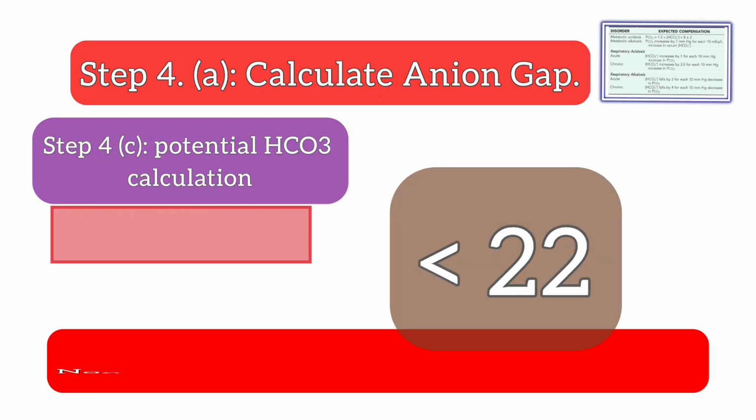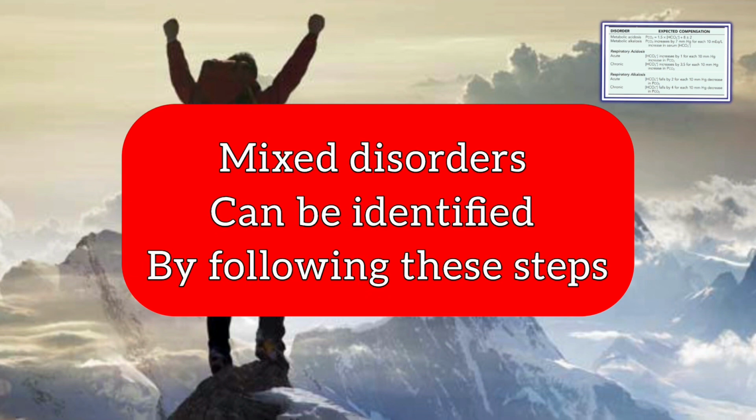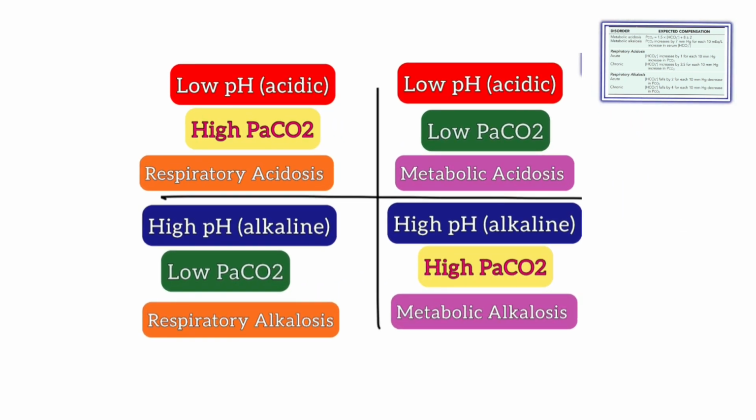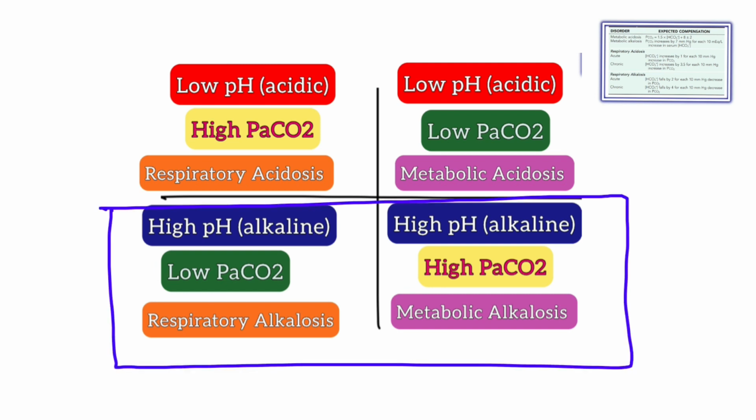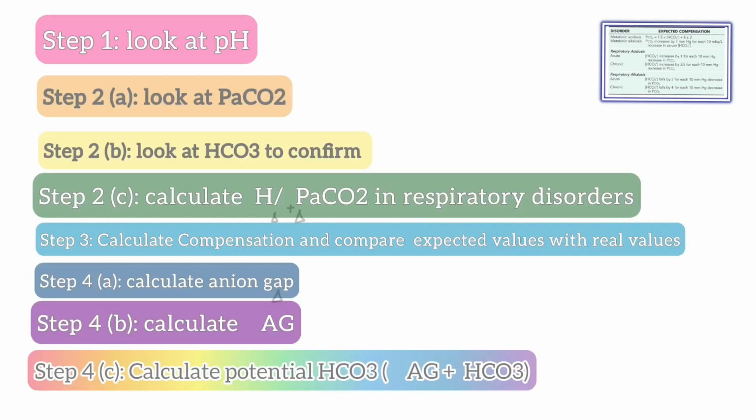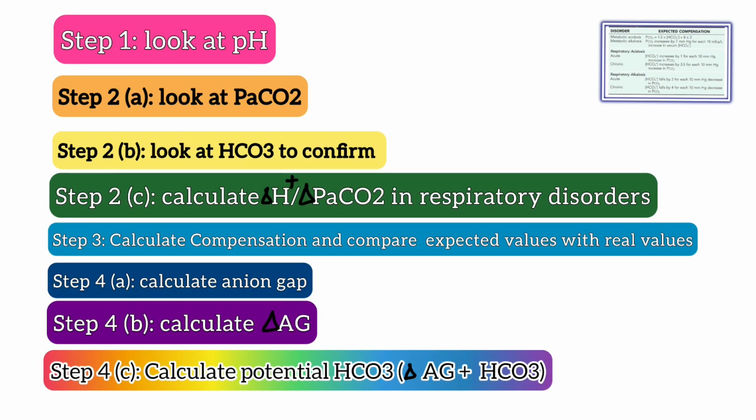So as you can see, the basic calculations can help you identify mixed disorders also. Similar rules should be followed when the pH is on the higher side, that is on the alkaline side. This is the summary of those steps that we already discussed. Even mixed disorders can be identified if you complete all the steps.